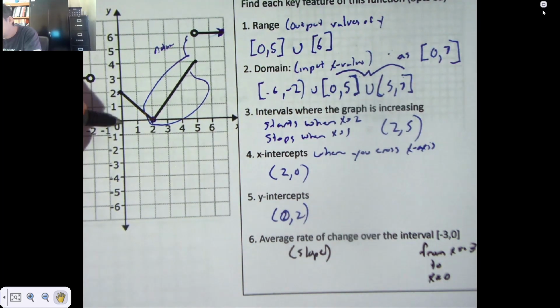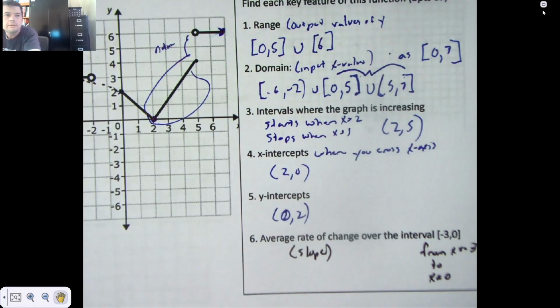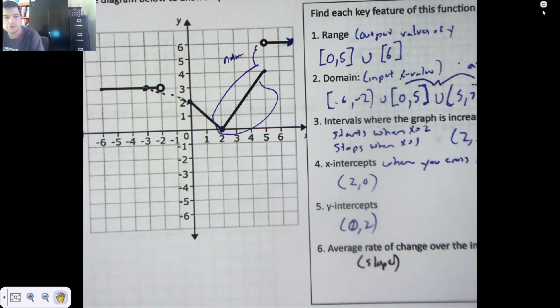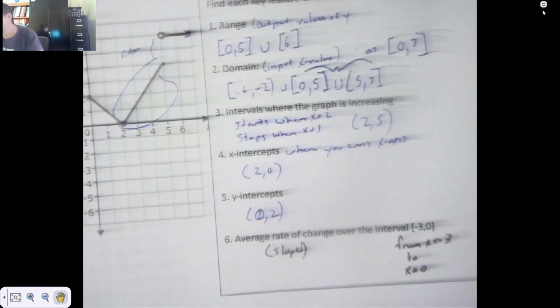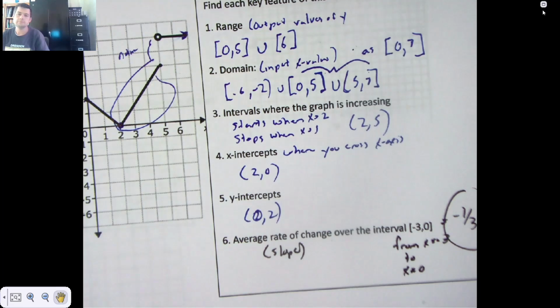And then I go to 0, and the graph is there. Even though there's a gap, the value of the function changed. It fell 1 as it ran 3. That's the average rate of change. 1 over 3. Fell 1, ran 3. Anyways, there's that, kids. That's 1 through 6.